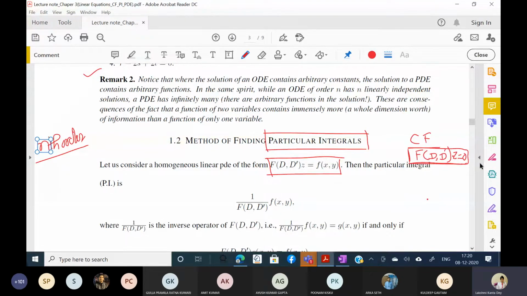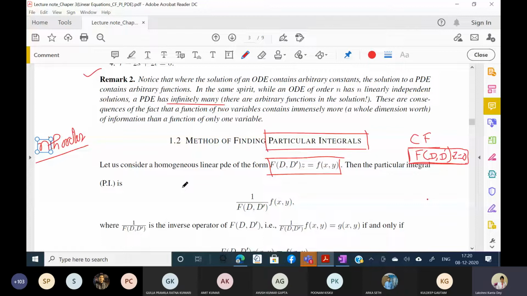While an ordinary differential equation of order n has n linearly independent solutions, a PDE has infinitely many independent solutions. Why? Because in partial differential equations, general solutions involve arbitrary functions.